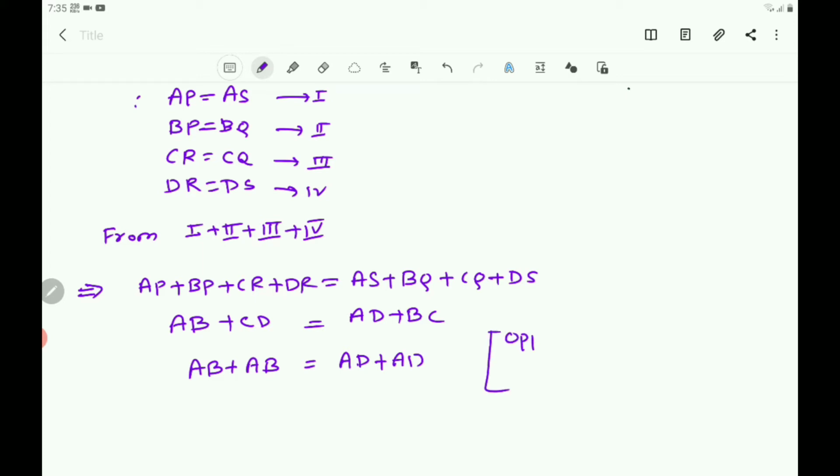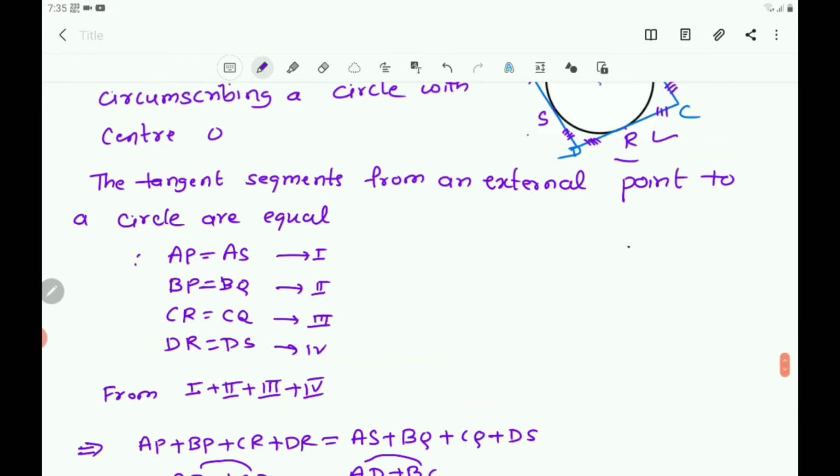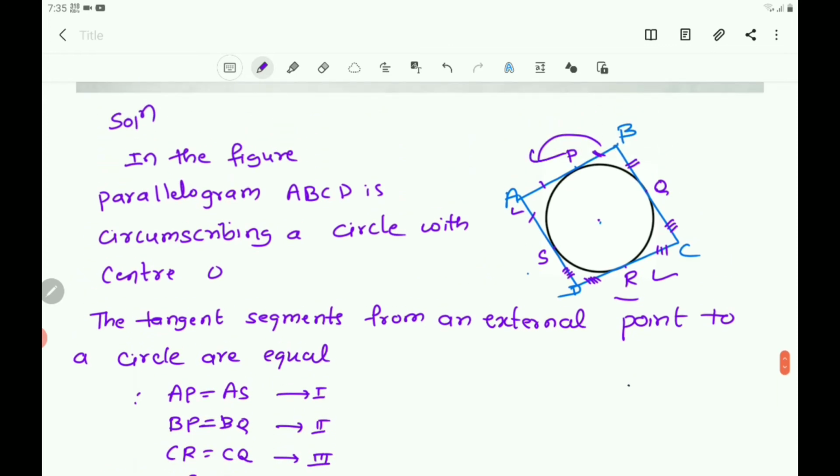Opposite sides of a parallelogram are equal. So, you can take AB and CD are equal, AD and BC are equal. AB and CD are opposite sides, and AD and BC are opposite sides.